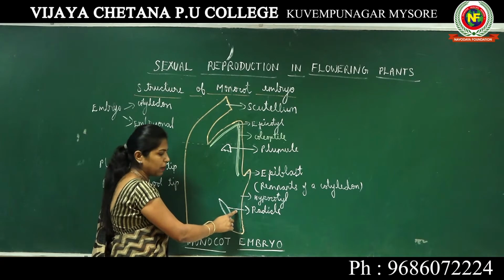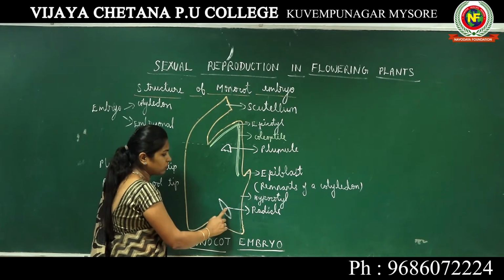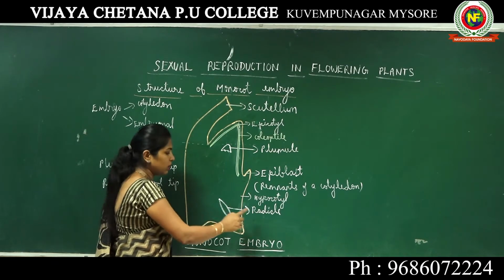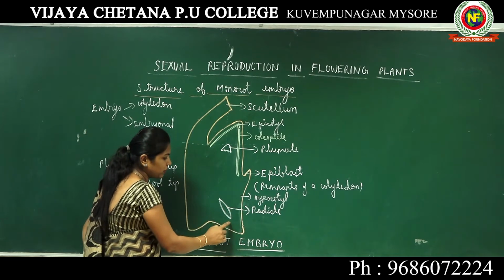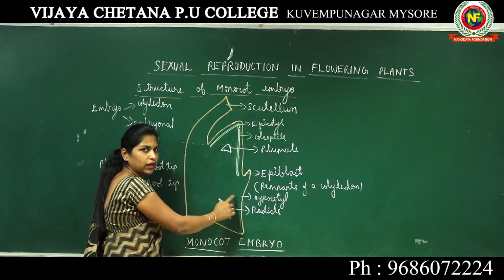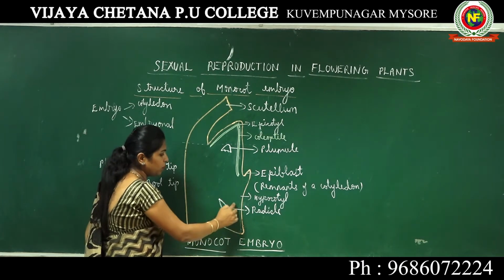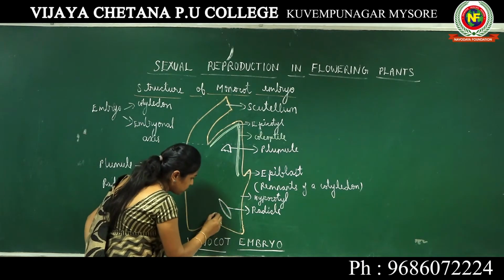It is known as root cap. As you all know, radicle is going to give rise to root. So if the radicle is going to give rise to root, there should be a structure known as root cap just below the radicle.